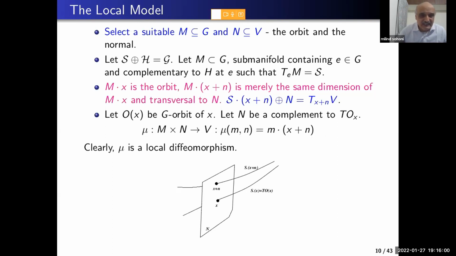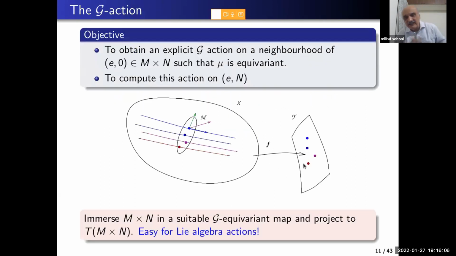So this is clearly a local diffeomorphism, but it doesn't have a G action yet. So the safest way of giving a G action to this is to embed M cross N into a G equivariant map between two spaces, right?